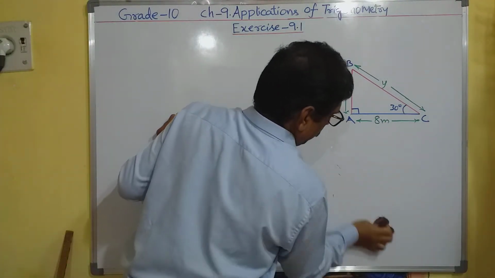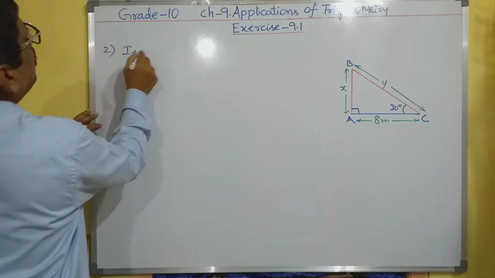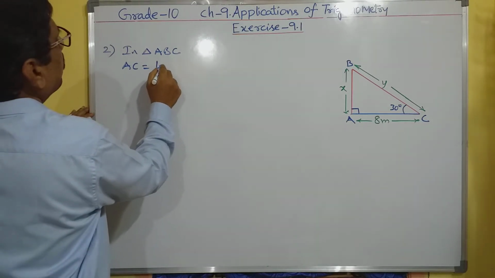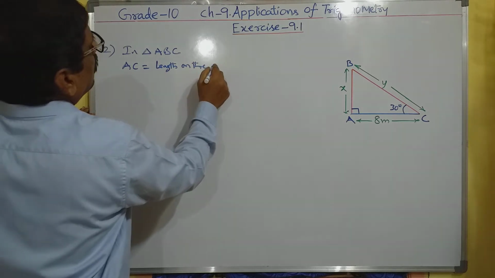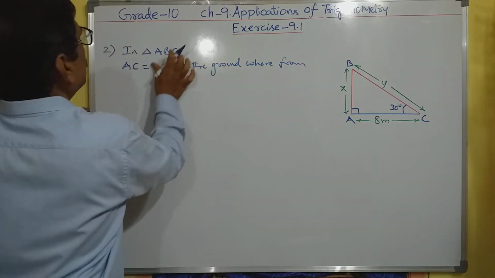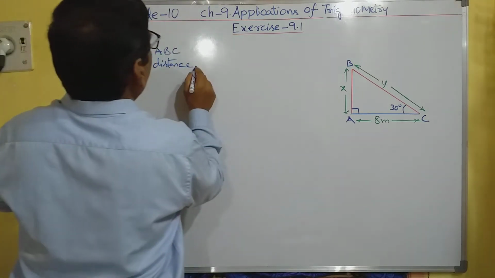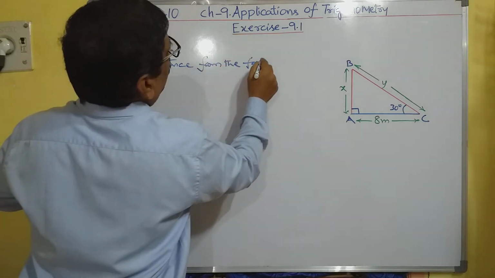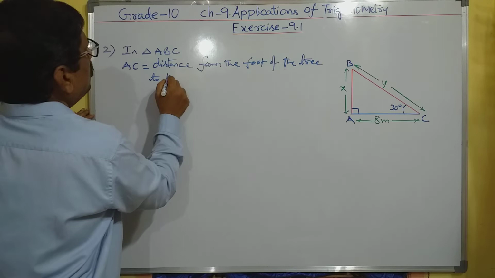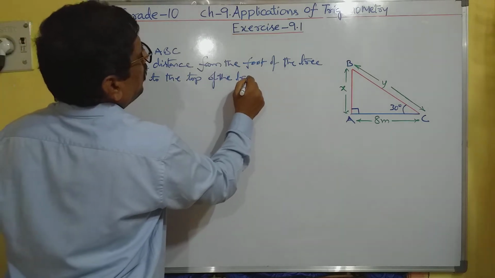Now look at this. Question number 2. In triangle ABC, AC is equal to the length on the ground, the distance from the foot of the tree to the point where the top of the tree touches the ground.